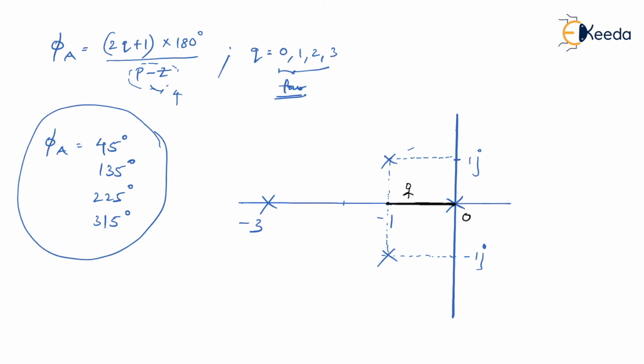Now if you become an observer over here and count the number of poles to the right-hand side, again there are 3 in number, which is an odd value. So definitely the root locus will be present between 0 and -3 for sure.